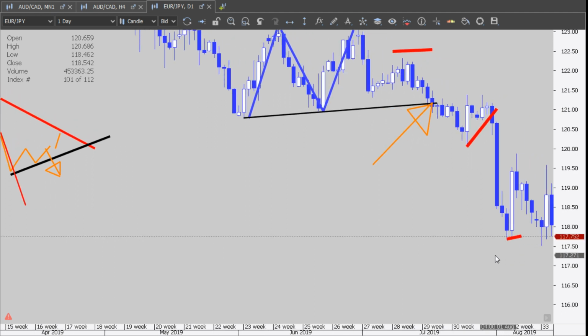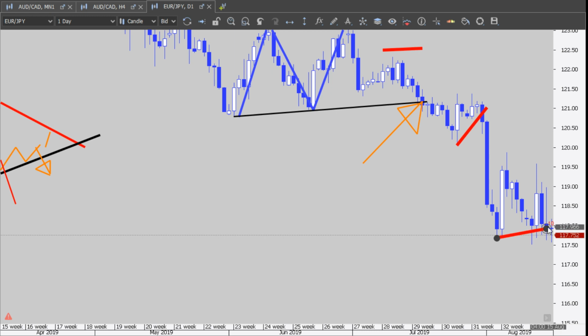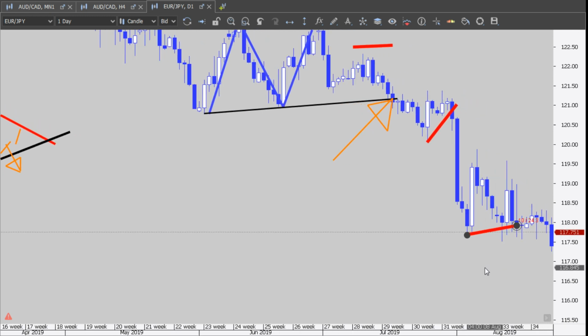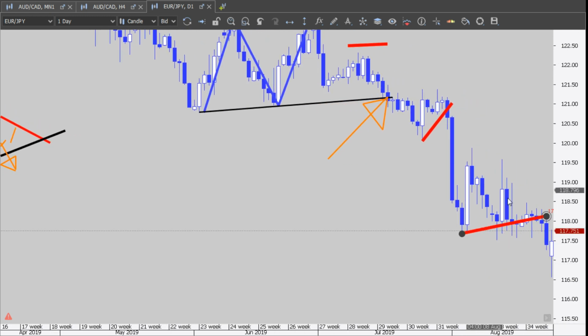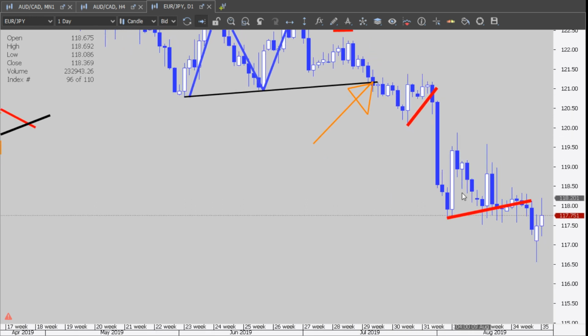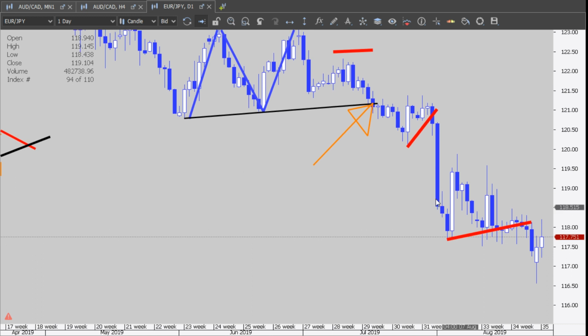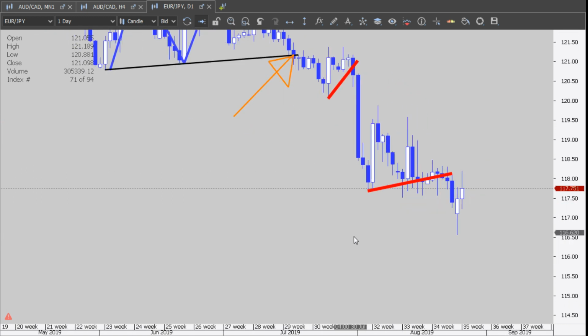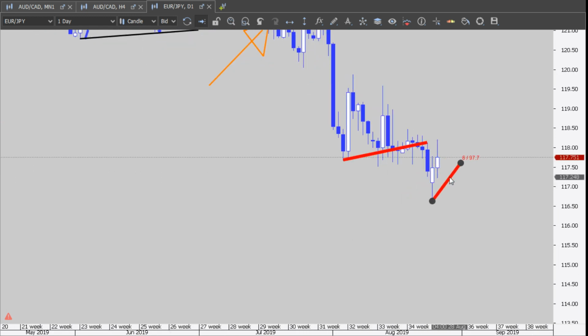Okay, so we are here right now. This was our last entry. And we are going to continue to short the market on Euro JPY.